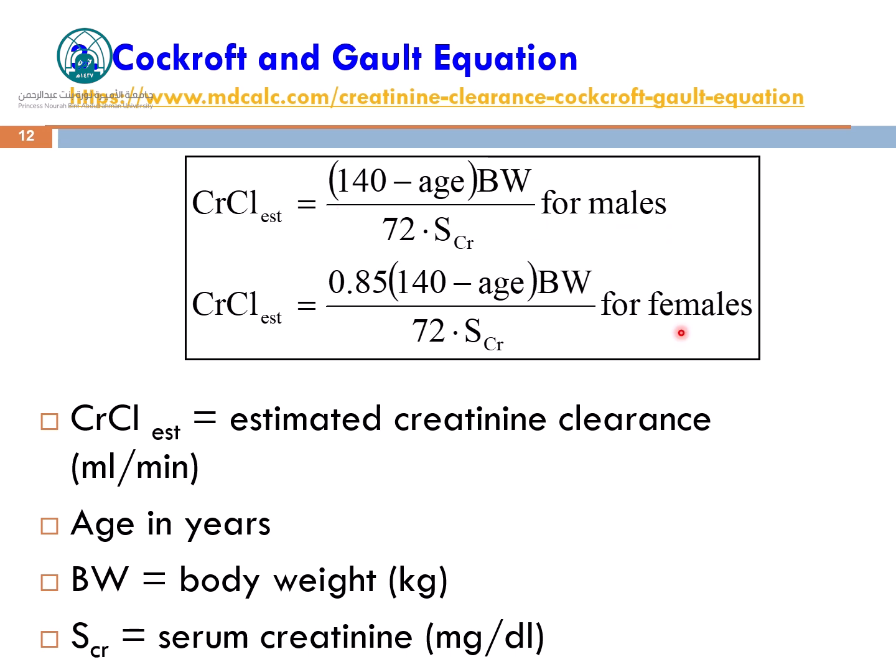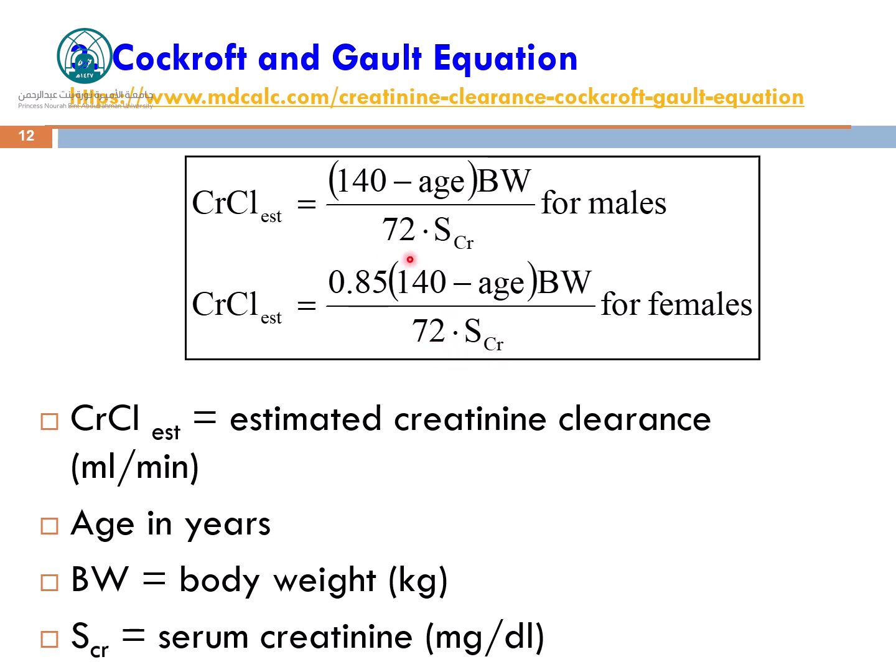But for females, according to the Cockcroft and Gault equation, these are the names of the scientists who proposed these equations, the estimated creatinine clearance will equal what? It will equal 0.85 multiplied by 140 minus the age, by the body weight, divided by 72 multiplied by the serum creatinine concentration for female.